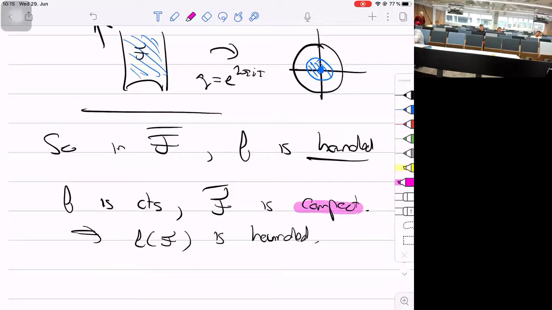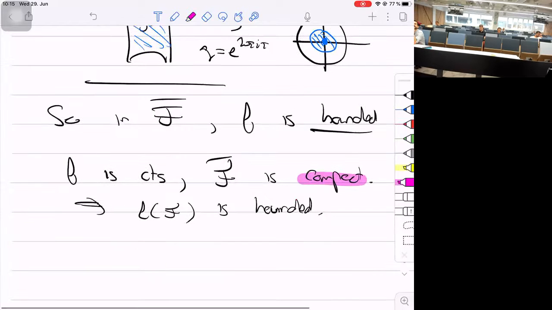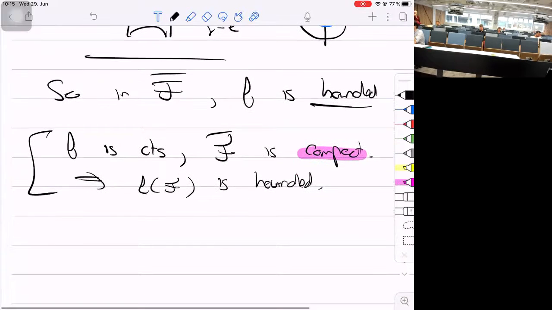This is one of the topological notions you may remember from first year analysis courses. It's just a standard fact once you realize that you're working with the image of a compact set.